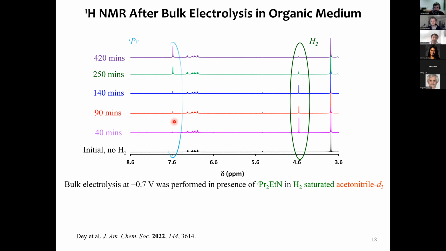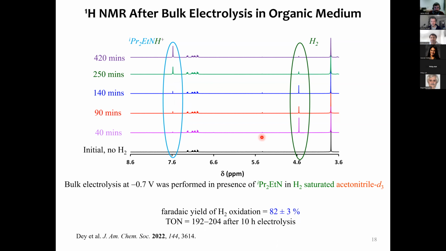And the new peak, which arises and increases with the increasing time of bulk electrolysis, is due to the formation of diisopropylethylammonium salt. And integrating this area, we have determined the faradaic efficiency of hydrogen oxidation, which is around 82%. And the turnover number is around 200 after 10 hours of electrolysis.